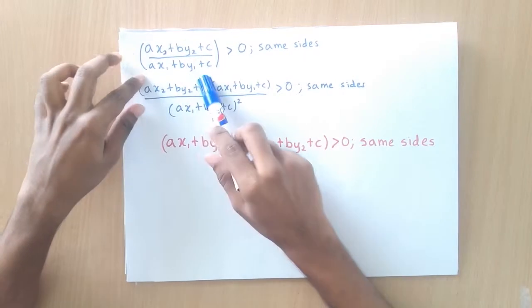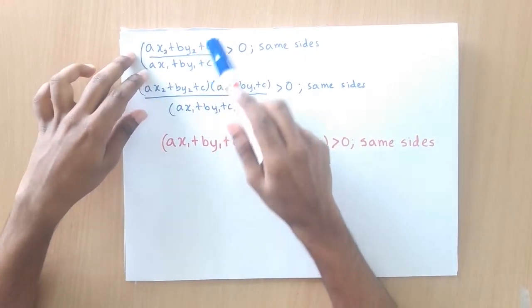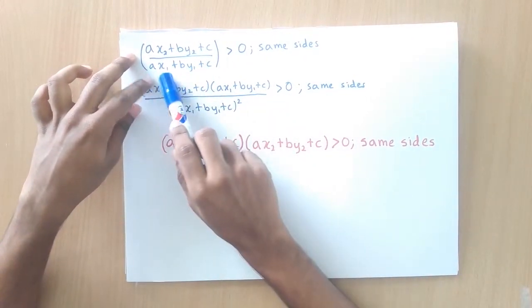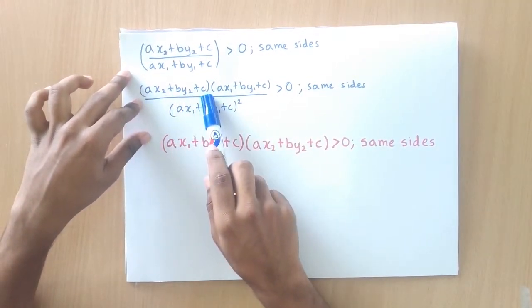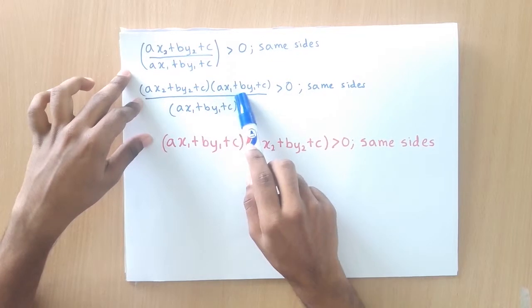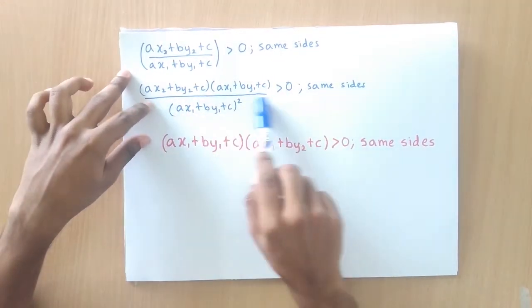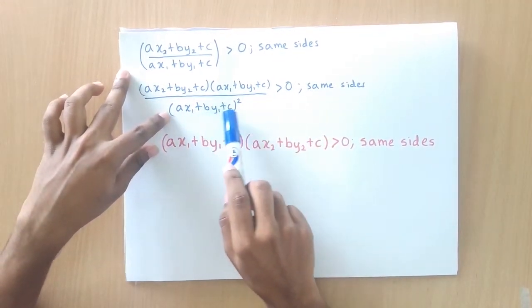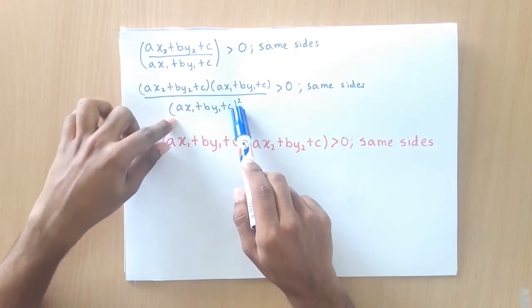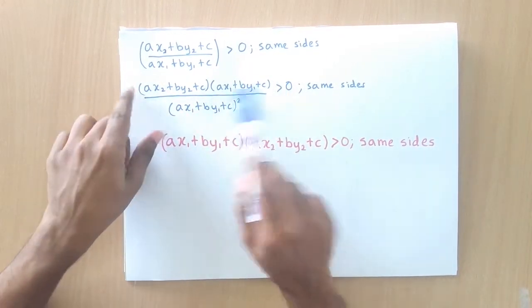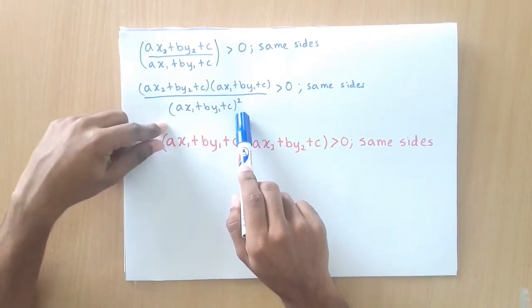To get rid of the denominator, we multiply up and down by ax1 + by1 + c. So that will give us (ax2 + by2 + c)(ax1 + by1 + c) divided by (ax1 + by1 + c) squared. Now the denominator is positive definite, so we can get rid of it by multiplying both sides by this denominator.